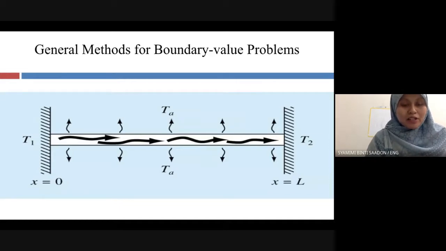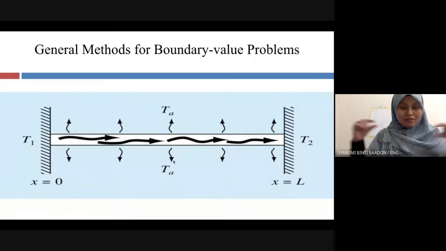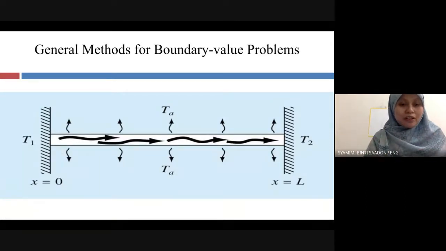Here, for example, we have a rod, like a ruler, a rod, with boundary temperatures T1 and T2.